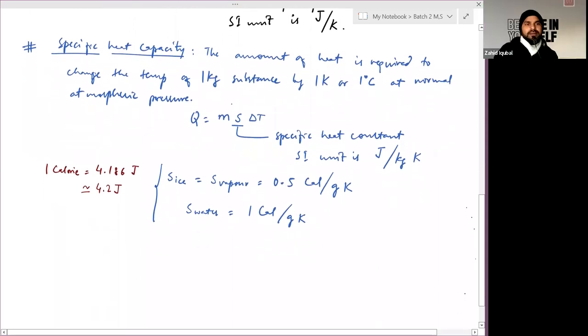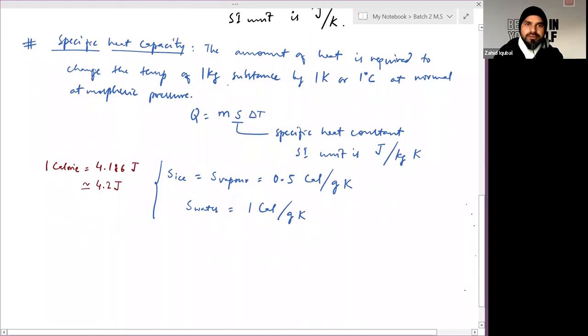In this part, I've defined to take the mass of substance as 1 kg, or the amount of substance in terms of kg. Similarly, we may define the next part, molar specific heat constant or capacity. It is mainly defined for gases, in which the amount of substance is 1 mole.